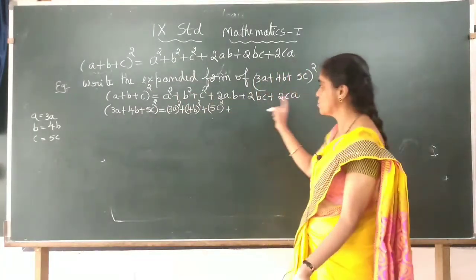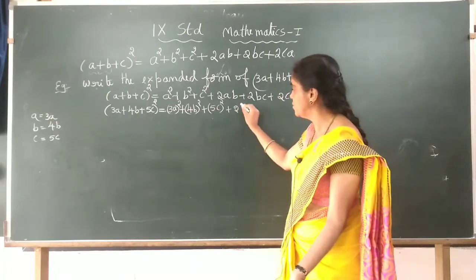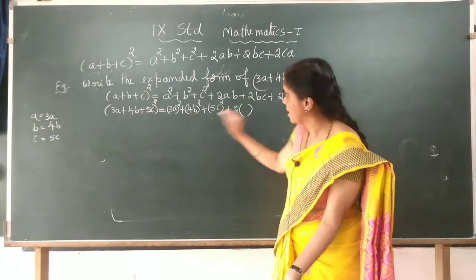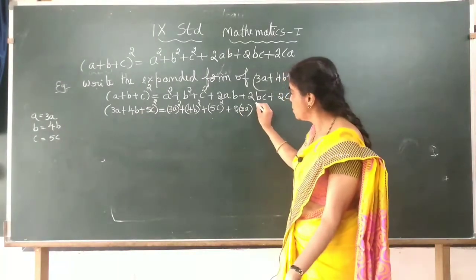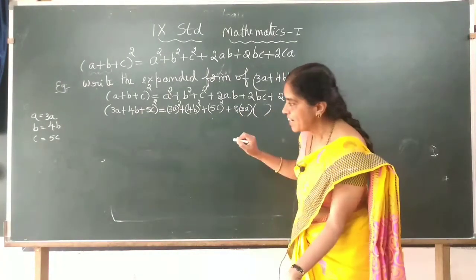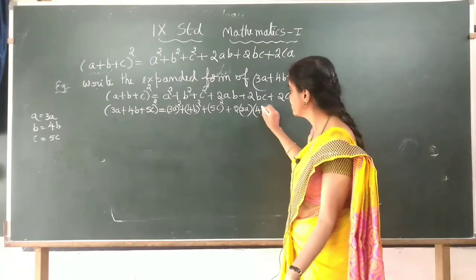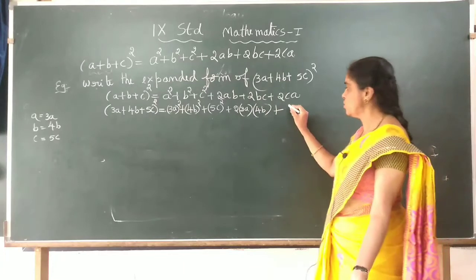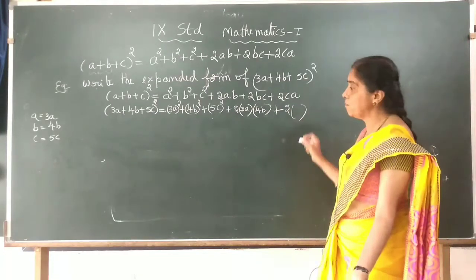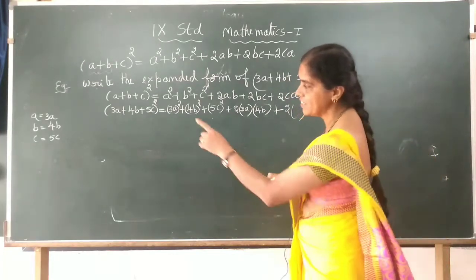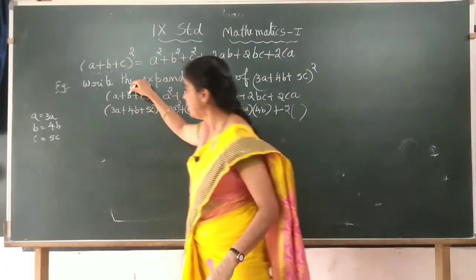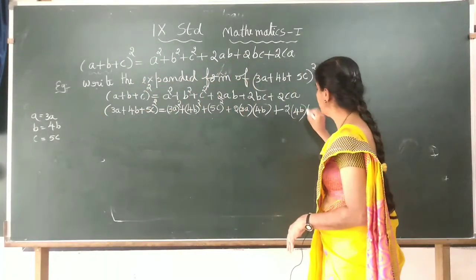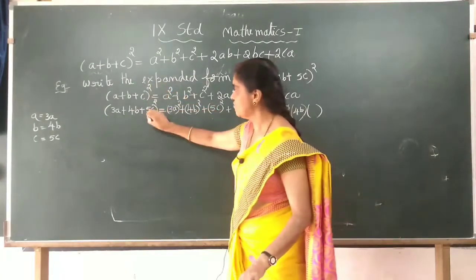Now these three terms plus 2 into A. What is A in the problem? It is 3A. Write 3A into B. What is your B? It is 4B. Plus again 2BC: 2 into B, which is 4B, into C, which is 5C.